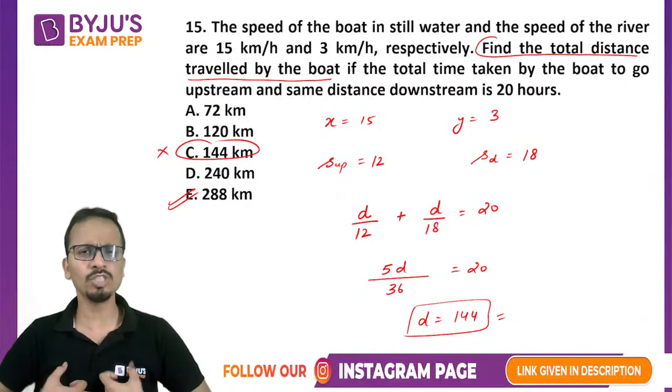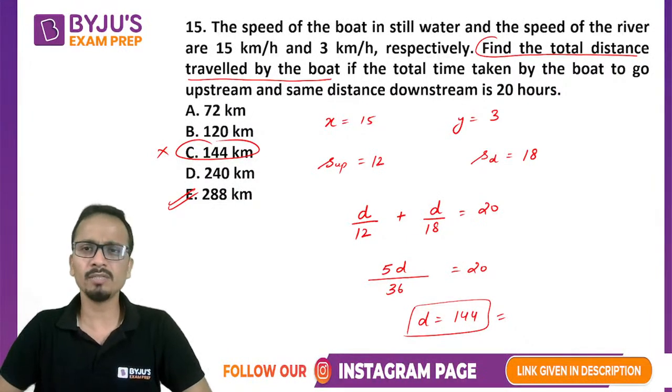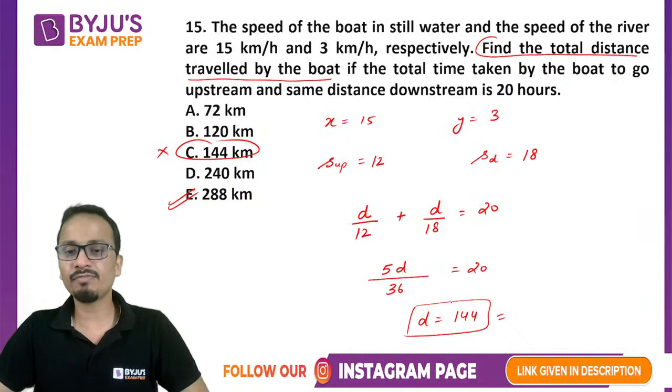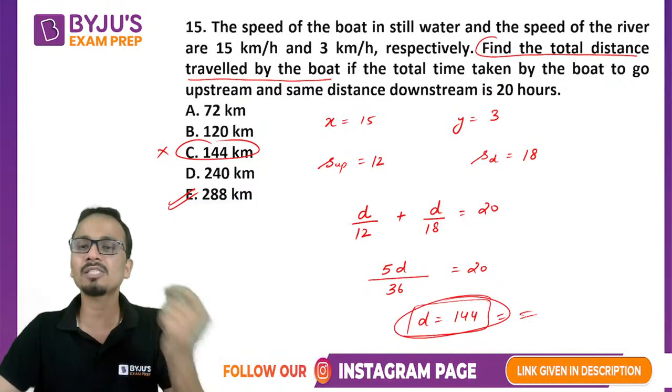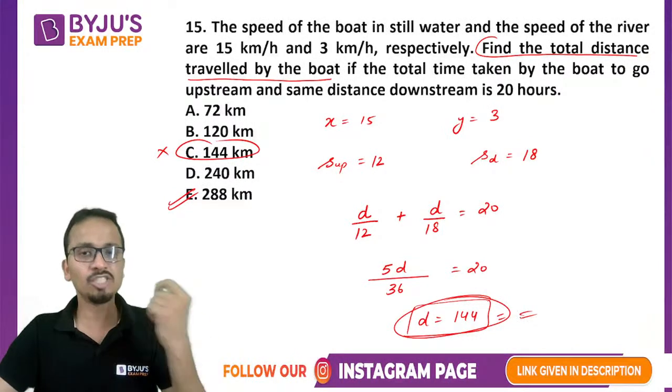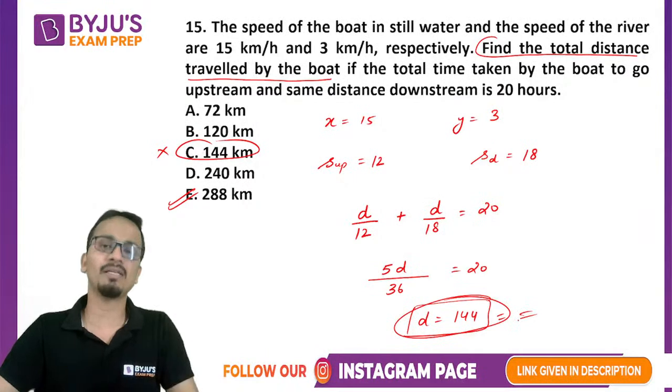So what I generally do, or what I used to do earlier when I was a student, after I get the final value, after I'm done with the calculations, I'll go back to the last statement of the question. I'll check what is being asked in that question, and then I will mark the answer.